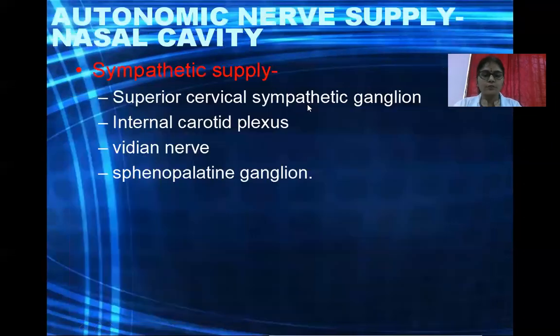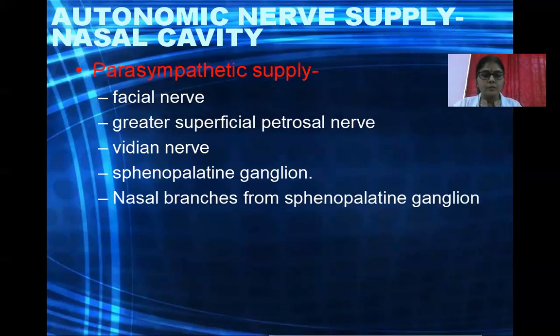The sympathetic supply to the nasal cavity comes from your superior cervical sympathetic ganglion, which is situated around the internal carotid plexus. And your parasympathetic comes from the sphenopalatine ganglion, okay, through the nasal branches of the sphenopalatine ganglion.